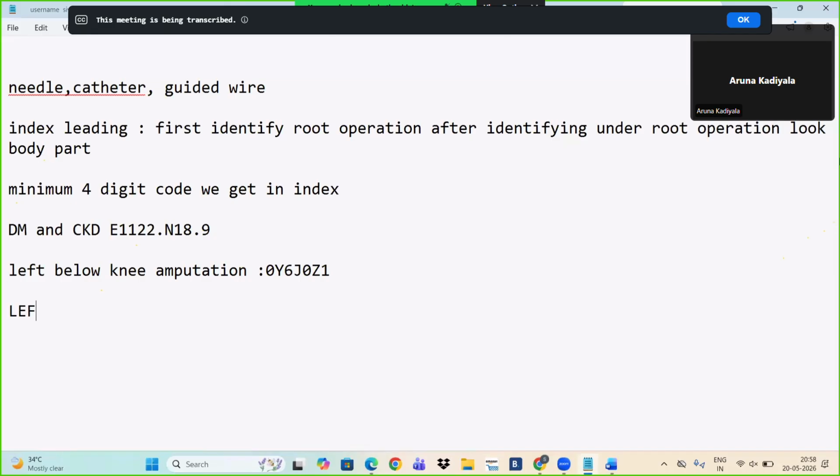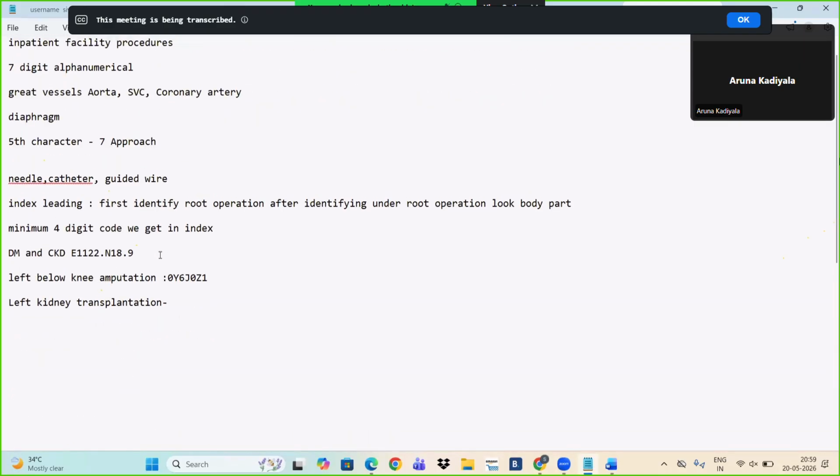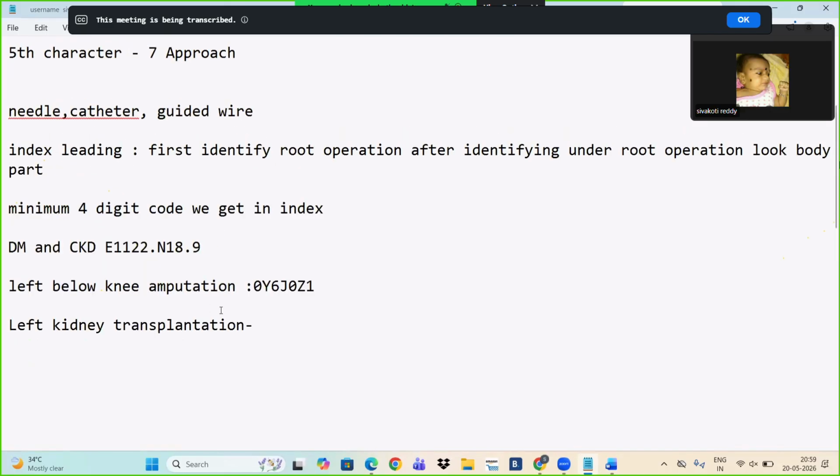Left kidney transplantation. 0TY10Z. 6 digits you are getting in the index, right?